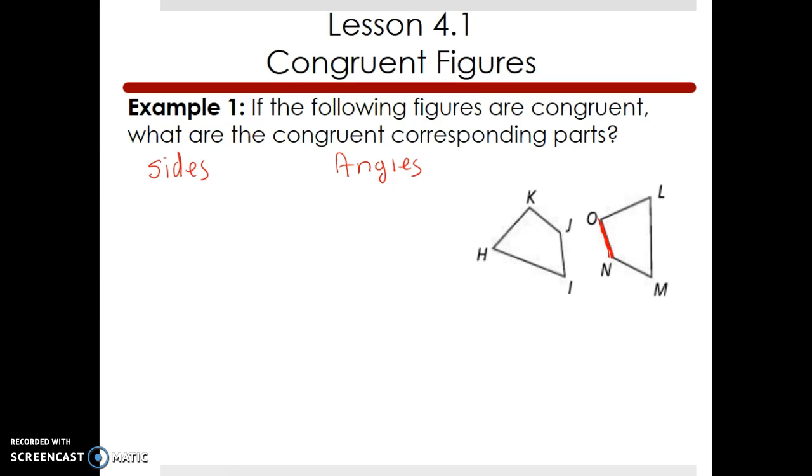Okay, let's try with the longest one first. HI goes with LM, right? So we'll say HI is congruent to LM.